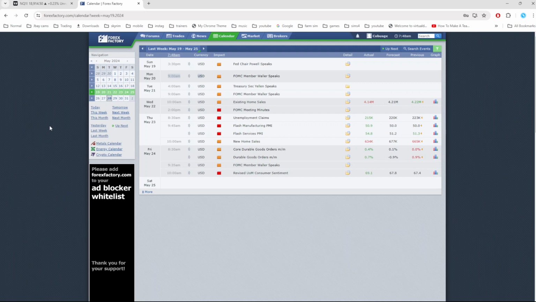So that's something that you have to backtest with your particular model, and you have to look at your data and see if it's beneficial for you to include trading on a Monday as a general rule.